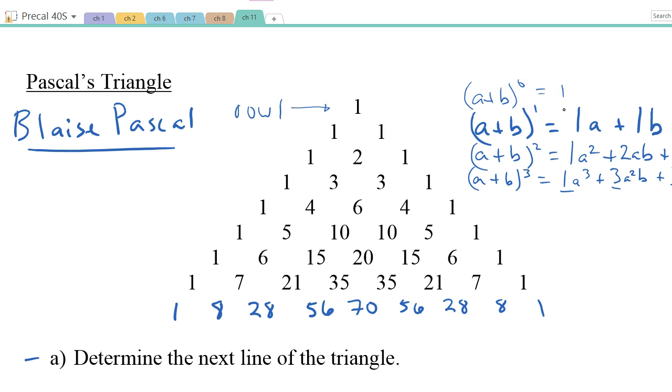So row 1 goes with an n value, that's this, equals 0. This is n equals 1. Here's n equals 2, and so here this is row 2. This is row 3.